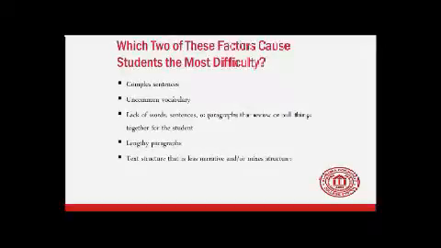Which two of these factors cause students the most difficulty? Now I'm going to read them, but I'm going to ask you which ones you think. Which one causes students the most difficulty? Complex sentences, uncommon vocabulary, lack of words, sentences, or paragraphs that review or pull things together for students, lengthy paragraphs, text structure that is less narrative and/or mixed structures.